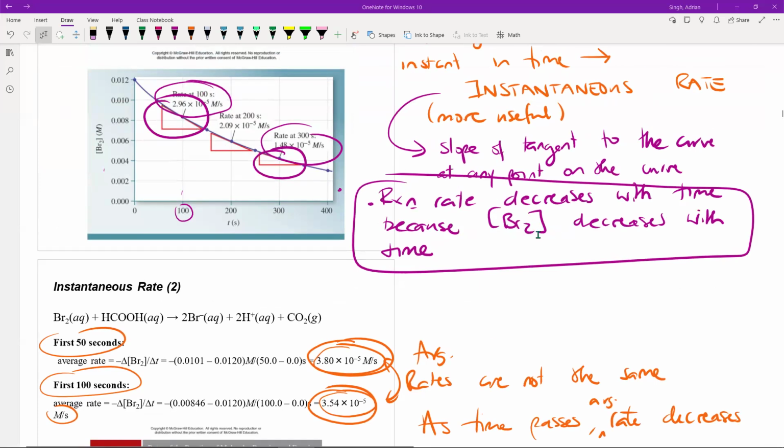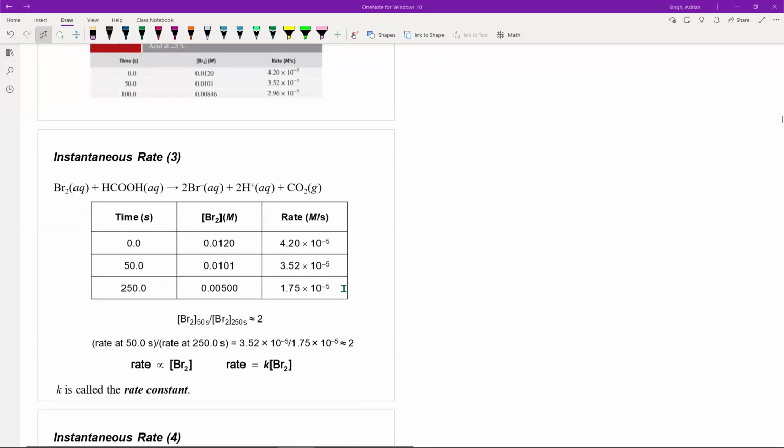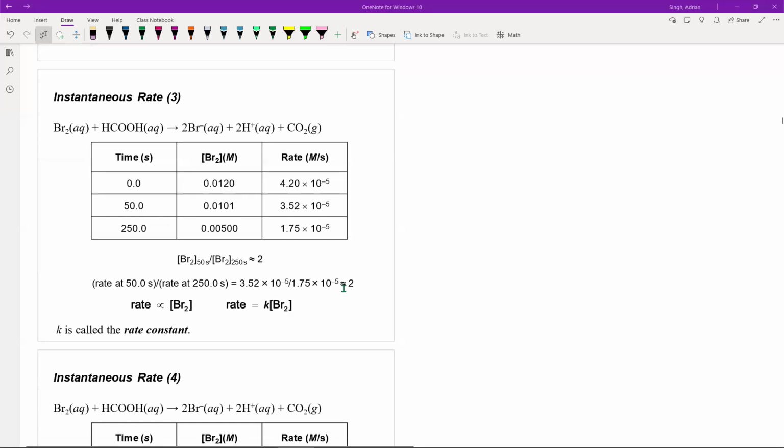And the reason why is the concentration of bromine, Br2, a particular reactant in question in this example, decreases with time as well. So what we can do is compare different time points, different instantaneous rates along this reaction pathway. So these are instantaneous rates.